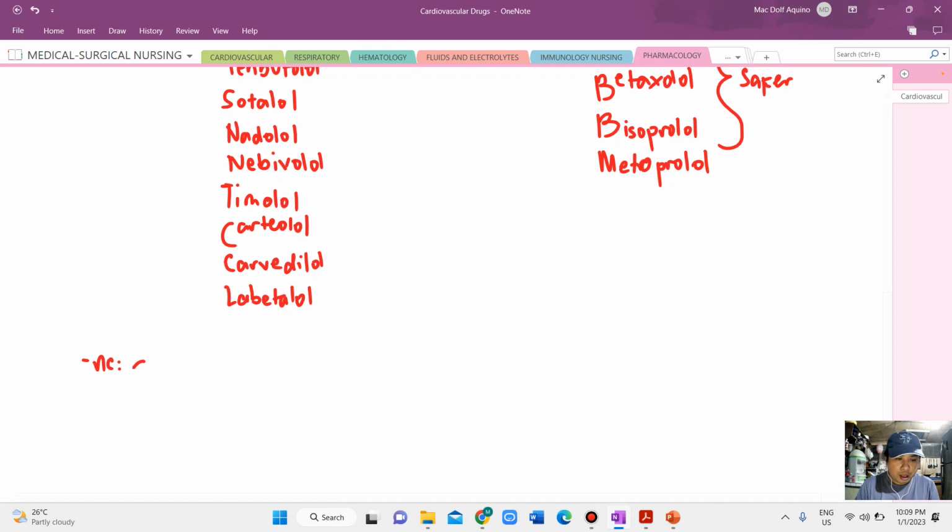Remember that this drug is contraindicated in the following cases. This is contraindicated in your bradycardic state. What will be the nursing implication of this?